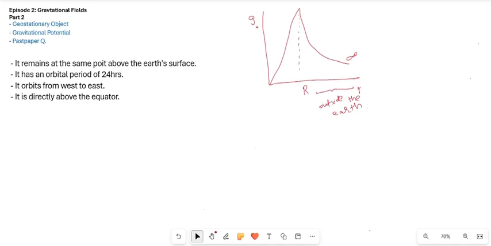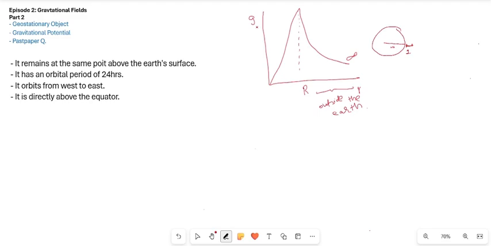So for small changes in height, what it says is, if there is a very small, insignificant distance in comparison to the radius, then g remains relatively constant. Let's assume I have a planet here, and the radius is, let's say, 10, but the distance to travel is only 1.